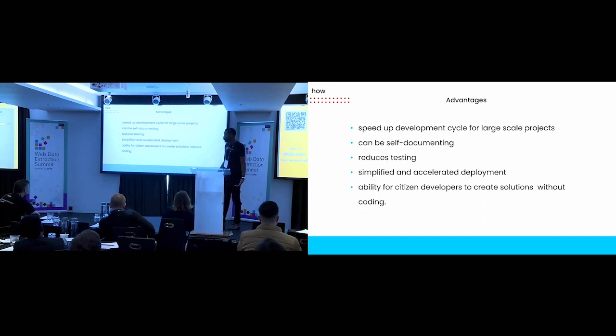Testing is reduced because some of these tools have templates that are centrally managed. Deployments are quicker. And also there's a reduction in the pressure on IT with the introduction of citizen developers. These are people usually in the business who know how to build solutions using no-code tools.